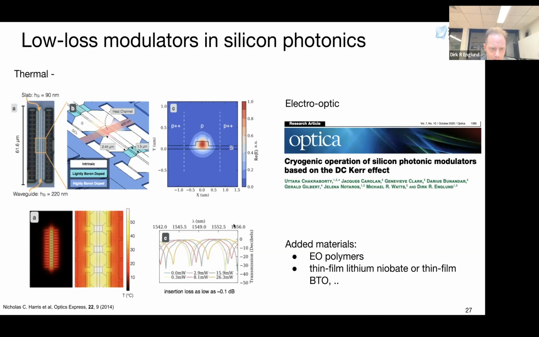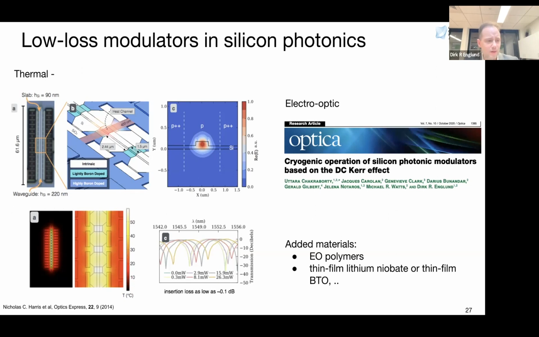And so you can get pretty compact devices, some tens of microns of length required to get a pi phase shift controllably. The losses are good, but the speed is only microsecond scale that you can switch these things. And you have heating, so to keep a phase shift you do have to maintain a couple of milliwatts per phase shifter.